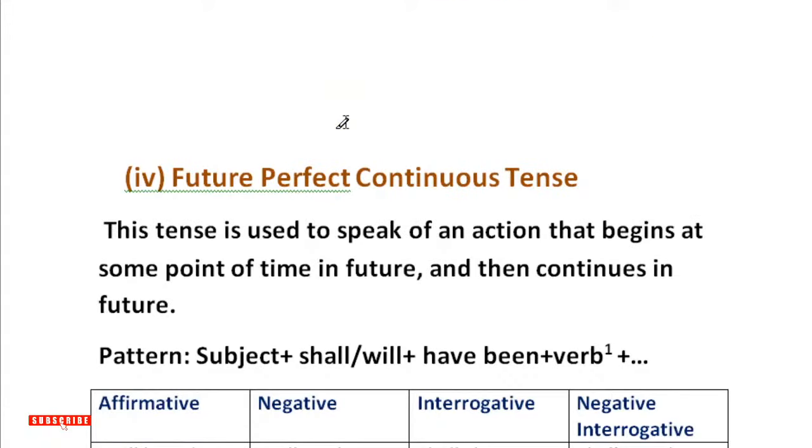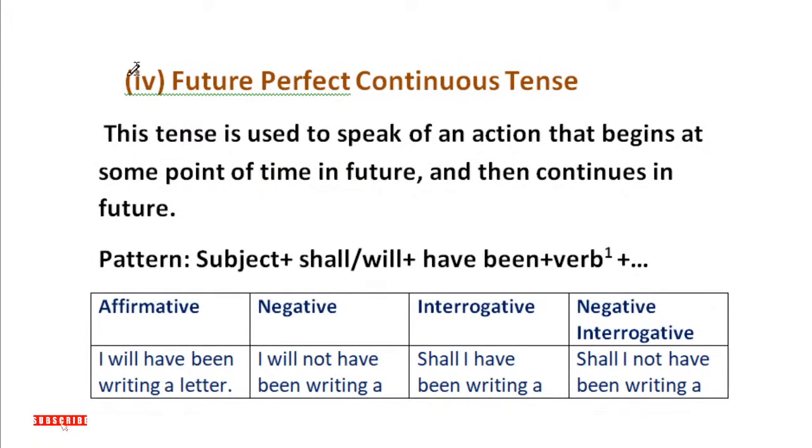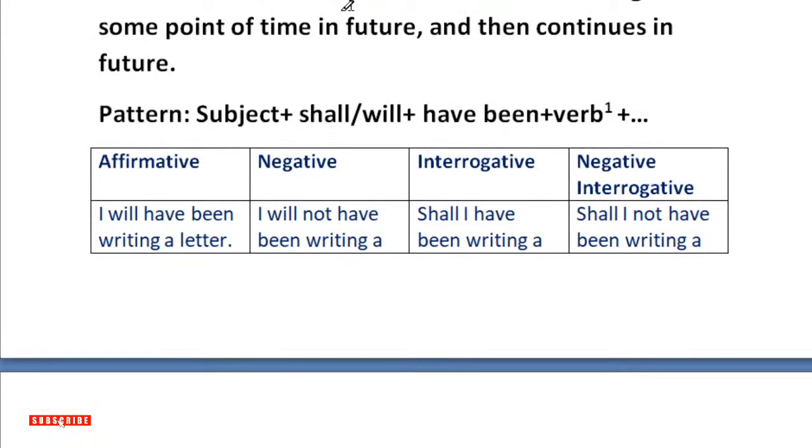Next, let us read future perfect continuous tense. Future perfect continuous tense is also very important. Let us read this and understand this. Future perfect continuous tense is used to speak of an action that begins at some point of time in future and then continues in future.